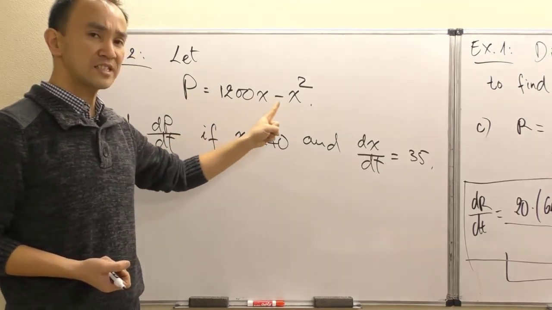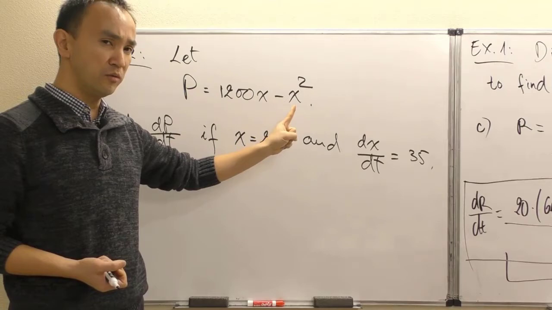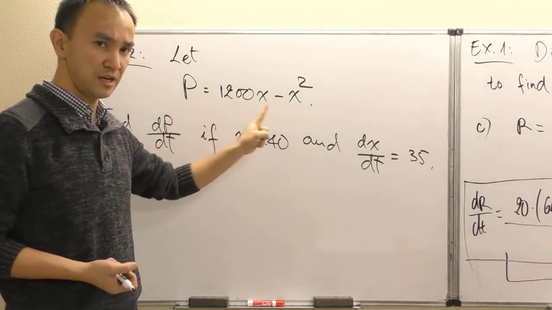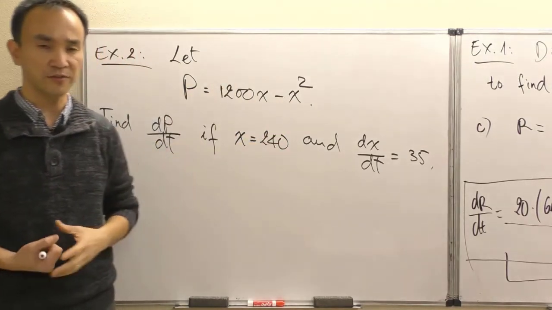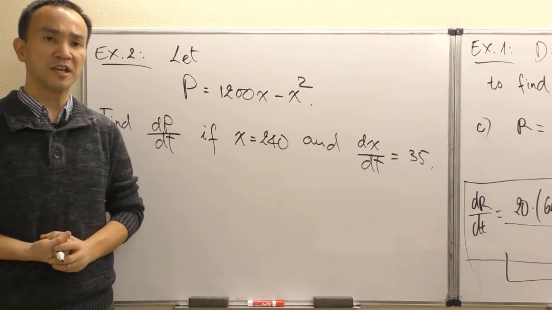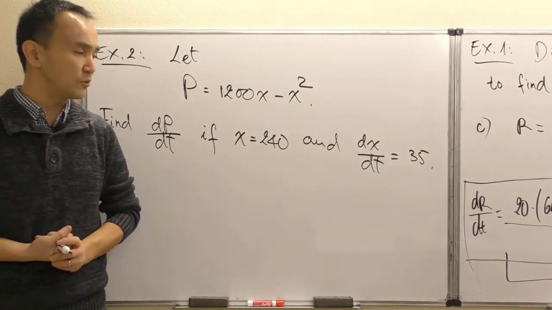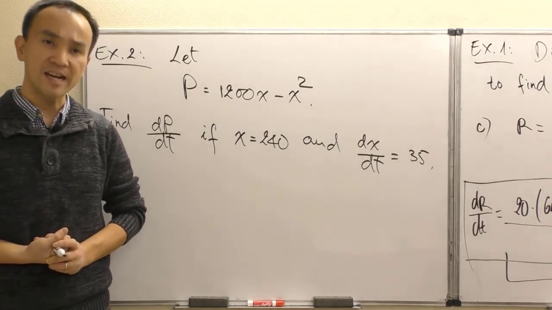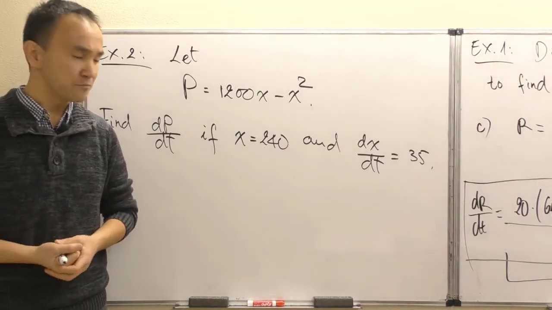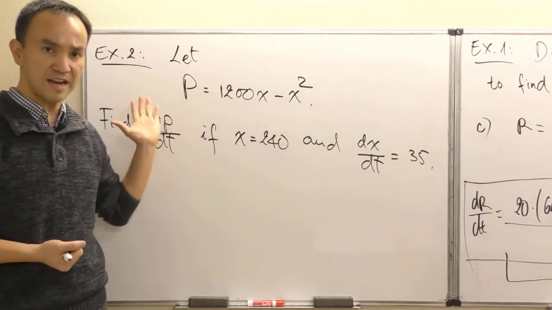This is an equation that only involves p and x. There are only two variables involved, so it's a lot more natural to think about finding dp dx, because it's a rate as well.